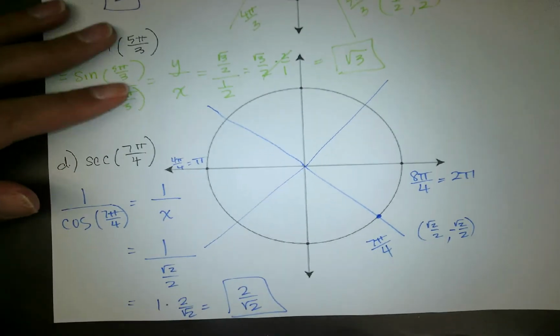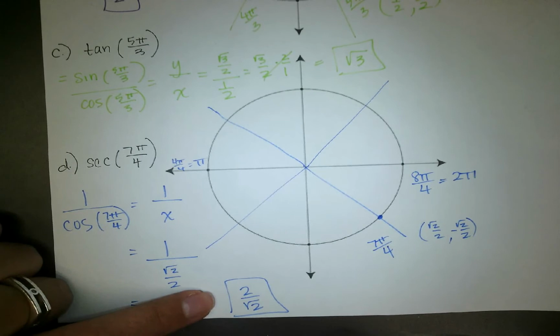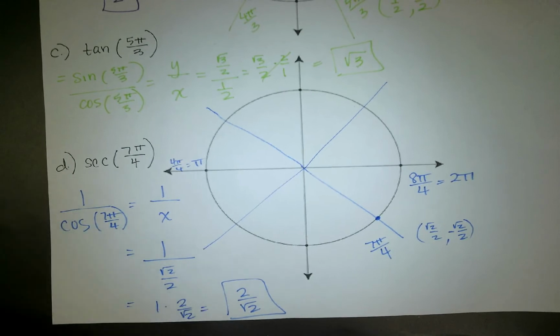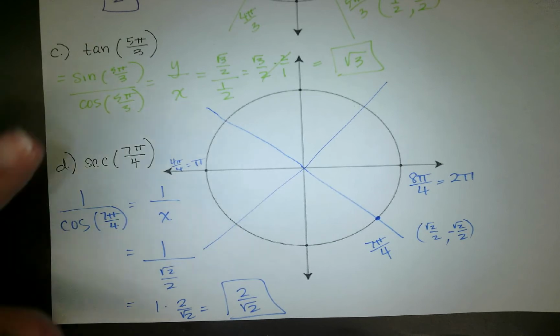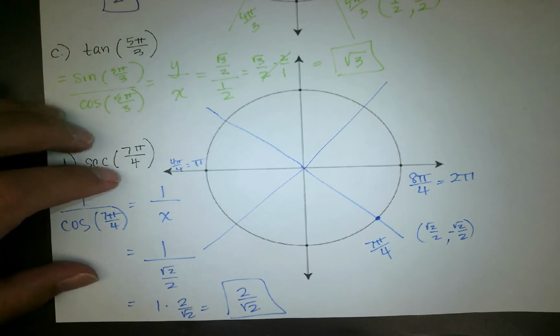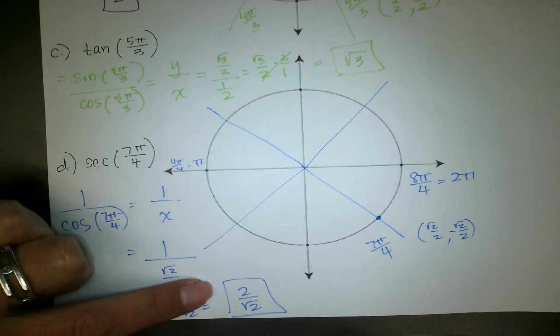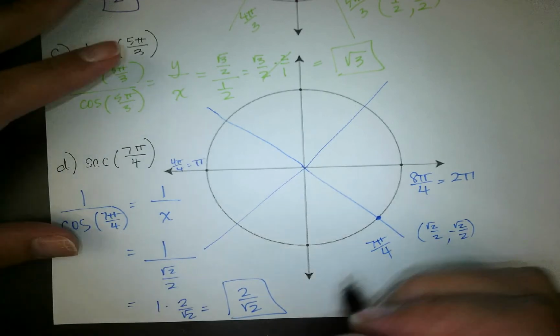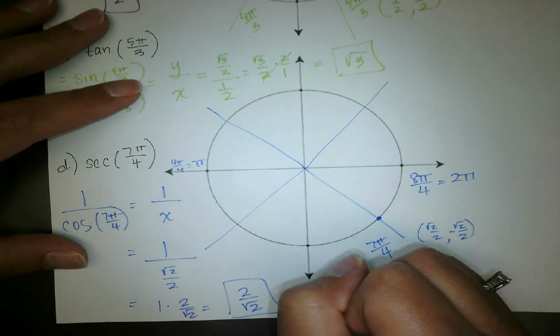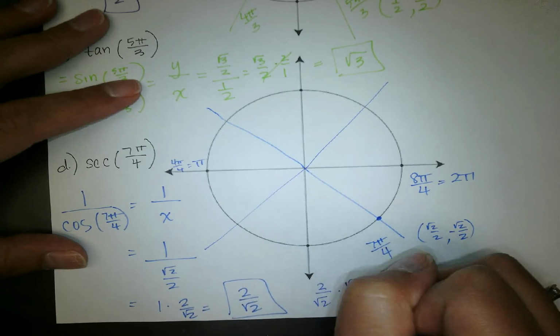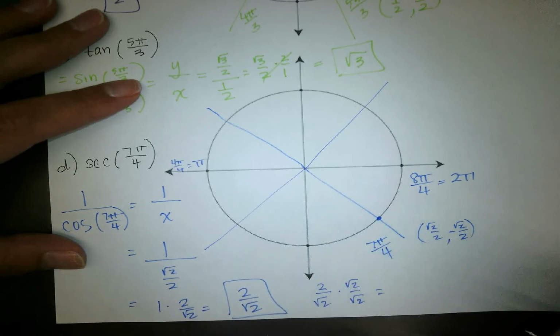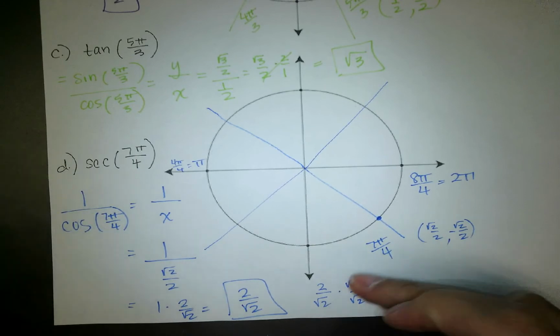I don't care if it's rationalized. You can leave it like that. That's totally fine. There's going to be situations that come up later that I'm going to say, hey, you should rationalize that. But as far as finding these values, like just plugging in stuff and giving me an output, I don't care. But if you did want to rationalize, this is optional. Multiply the top and bottom by square root of 2 over 2 over square root of 2 over 2.